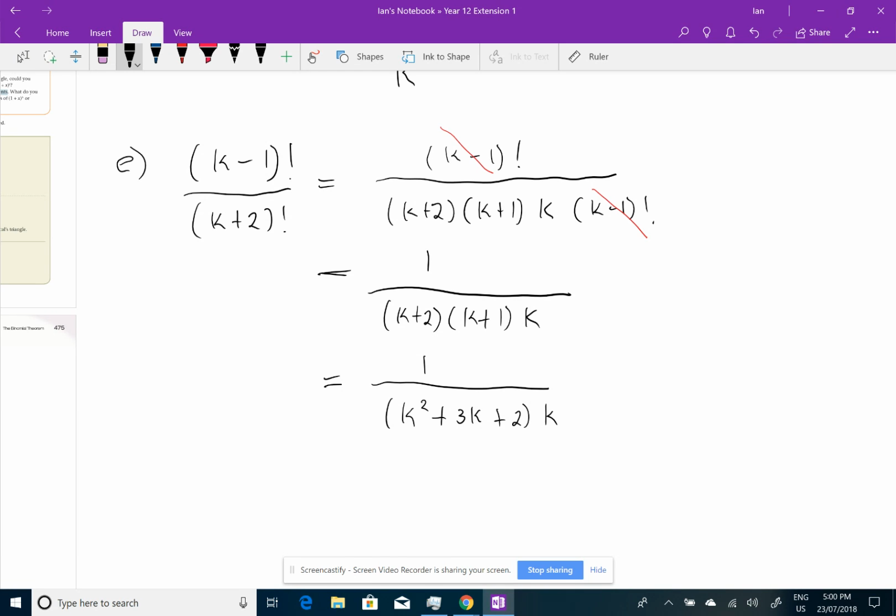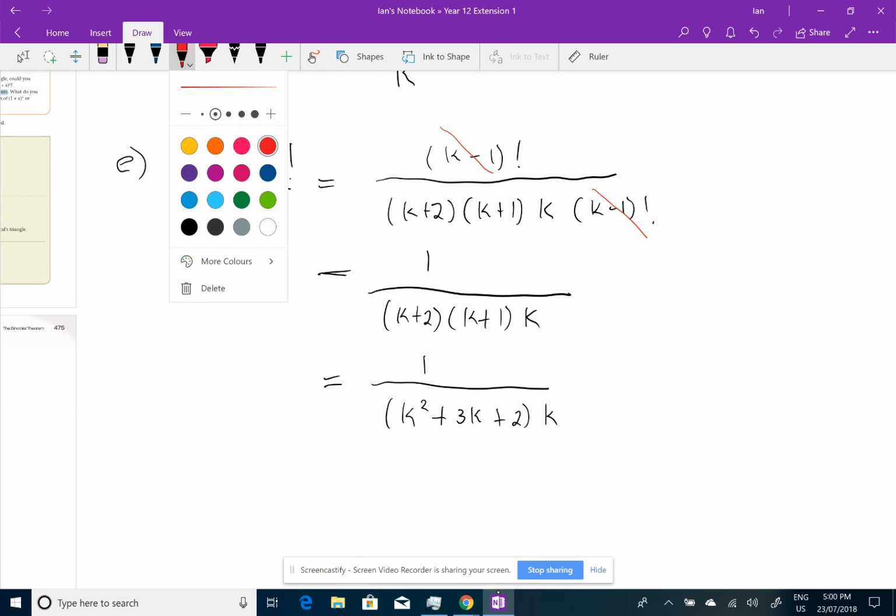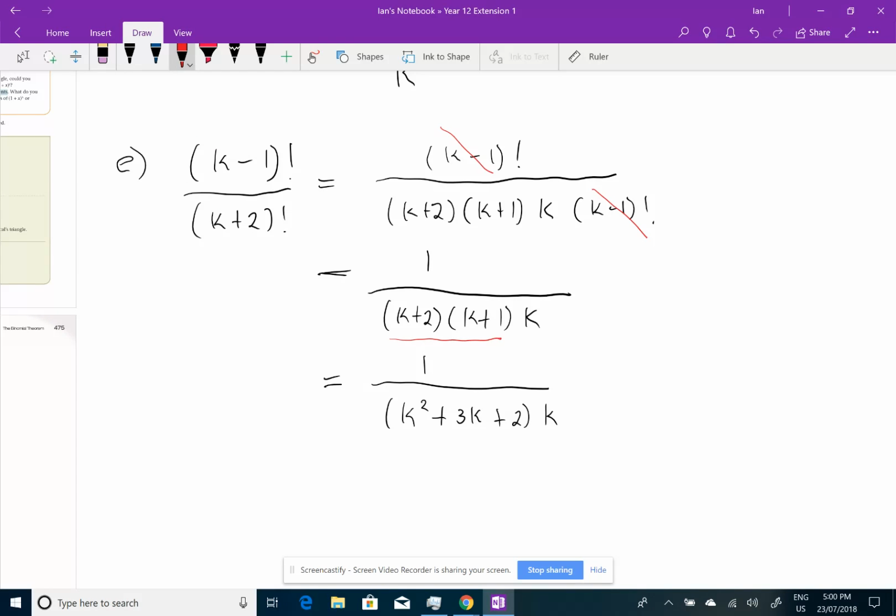And then I've got that k. I just quickly expanded that bit. Now I get 1 over k cubed plus 3k squared plus 2k. Margaret leaves the answer like this, which is pretty good, factorised form. That's how we like to do those.